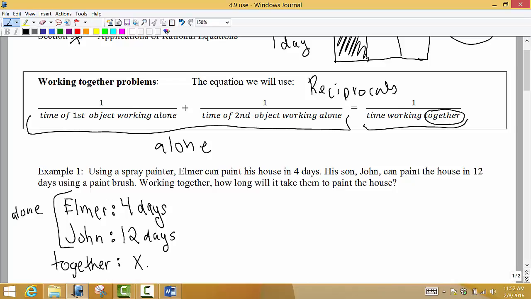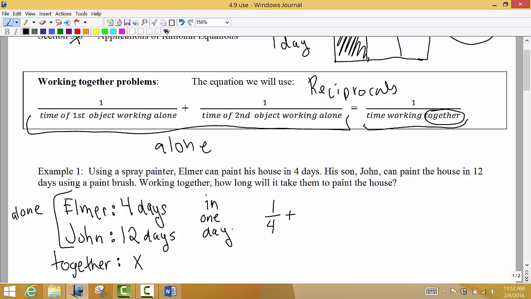What we're really looking to do is to put everything in terms of how much each person can do within 1 day. So in 1 day, how much of the job can Elmer finish? Well, he can paint 1/4 of the house. So we're looking at what gets accomplished in 1 day.